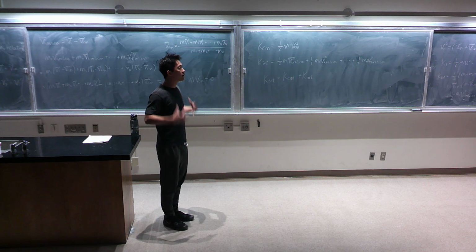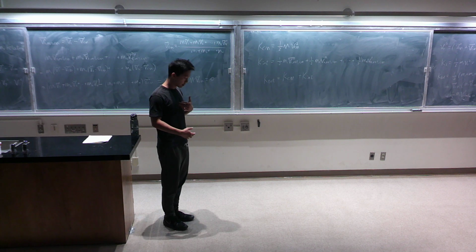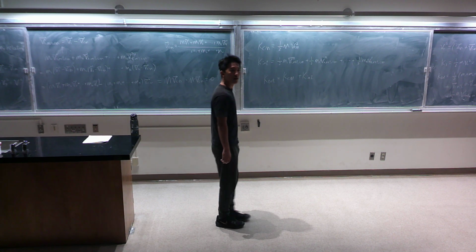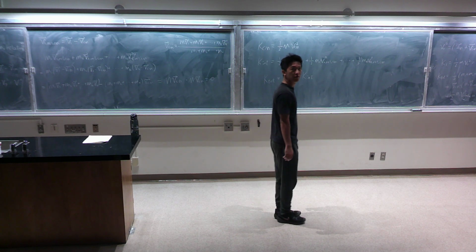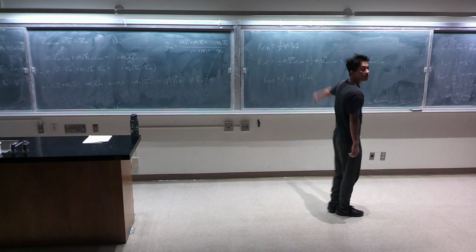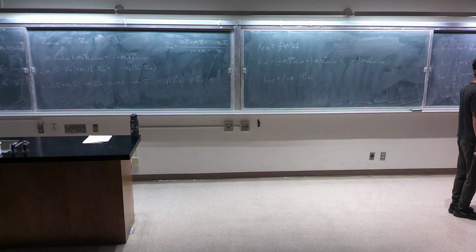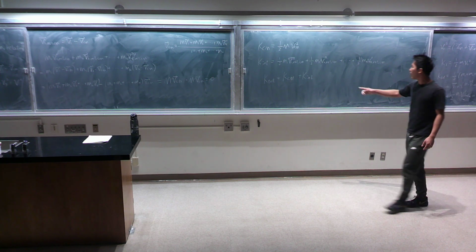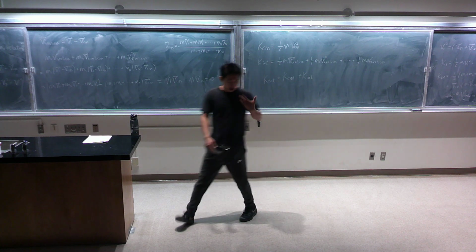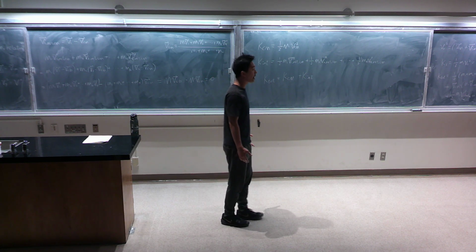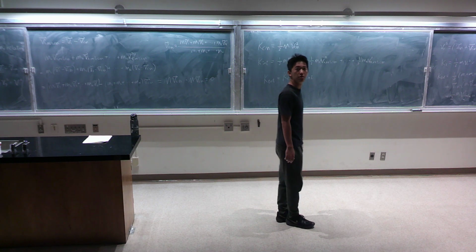If I am a system, this is my center of mass around here, and I'm moving like this. My center of mass is moving. It has a center of mass velocity, so I have center of mass kinetic energy. But because the parts of my body are not moving relative to the center of mass, the internal kinetic energy is 0. Okay?